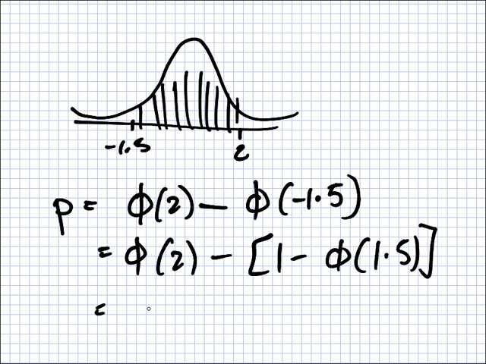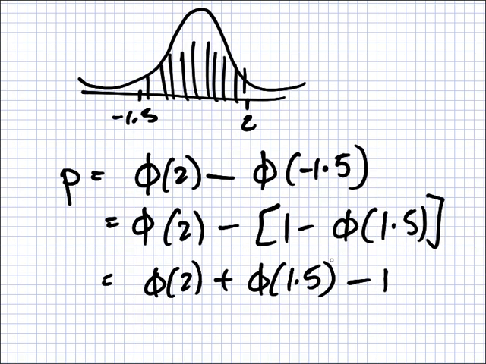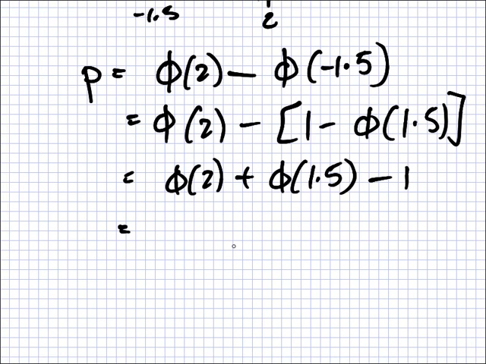So that would be equal to value of 2 plus value of 1.5 minus 1. If I look up 2, I get 0.9772.